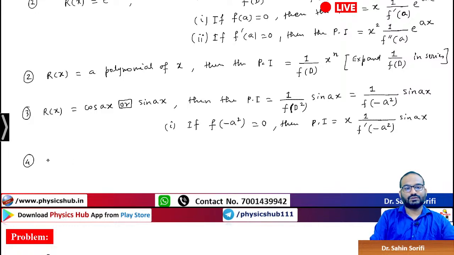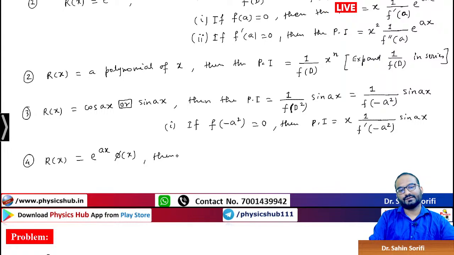Another one is left, the fourth case. If the non-homogeneous part is, let us say, e to the power ax times some function phi of x, in that case the particular integral will become 1 upon f of D e to the power ax phi x.